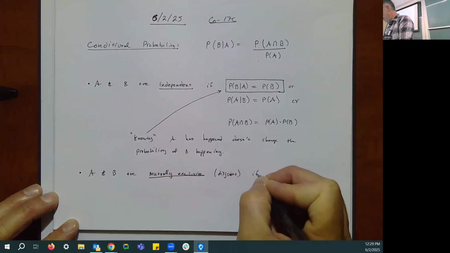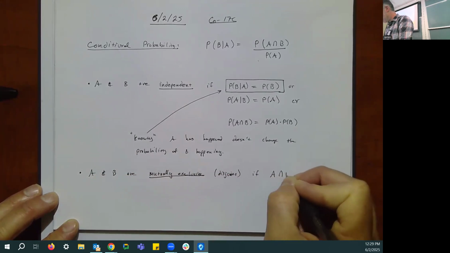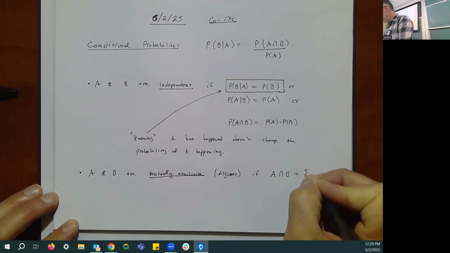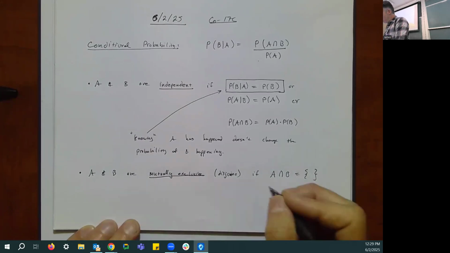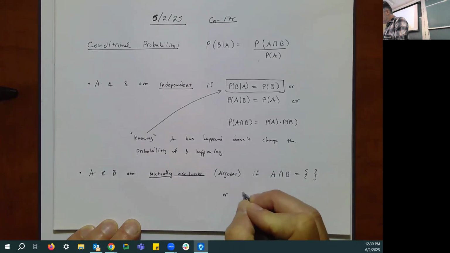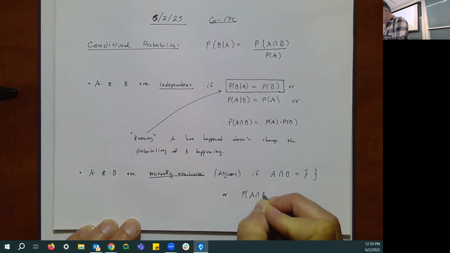We can write it as A intersect B is equal to the empty set, a set containing nothing, or some people write it as the Greek letter phi, the zero with the slash through it. Or you can write it as the probability of A intersect B is zero.